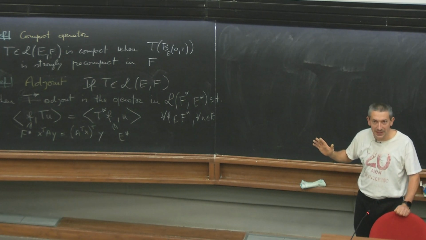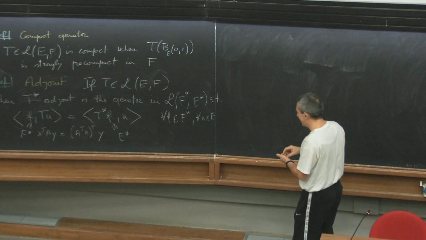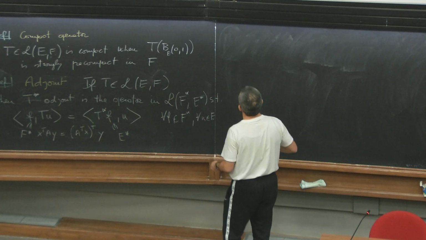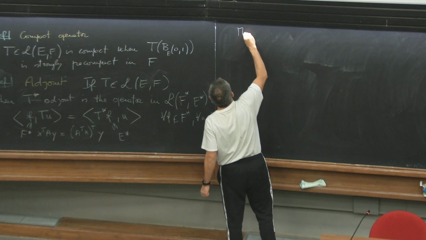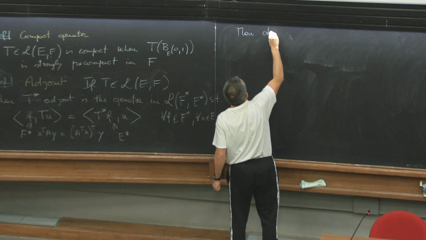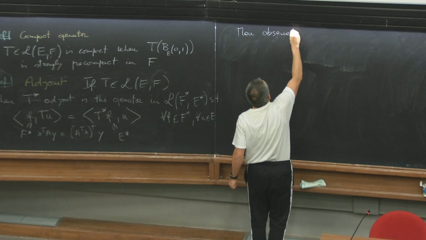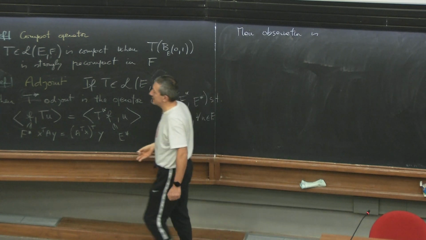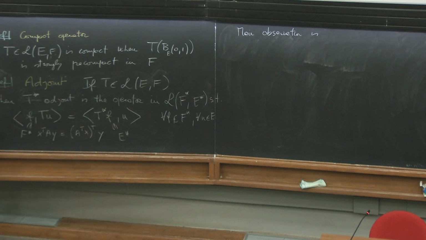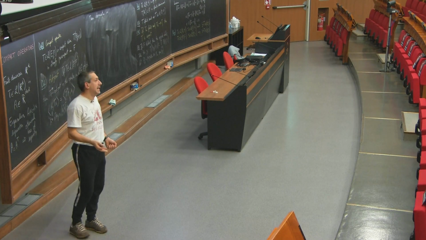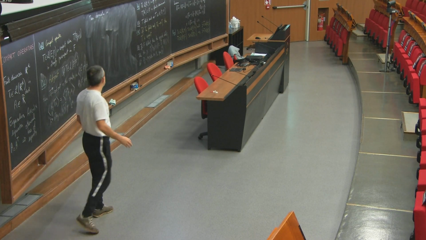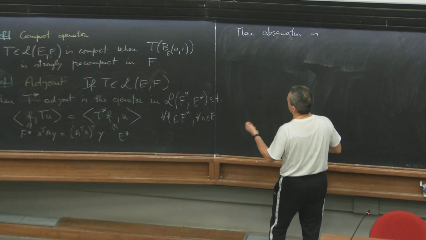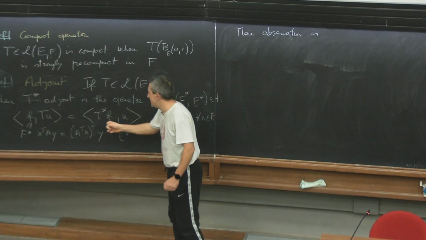Yes, the same norm. Okay, so the main observation: you know that the matrix norm of the matrix and its transpose is the same. So let's see how to estimate the norm.